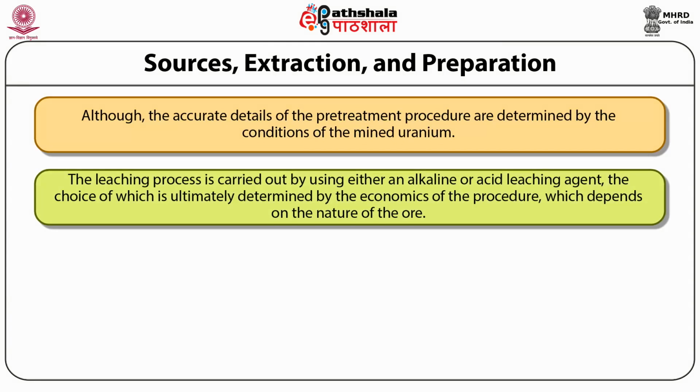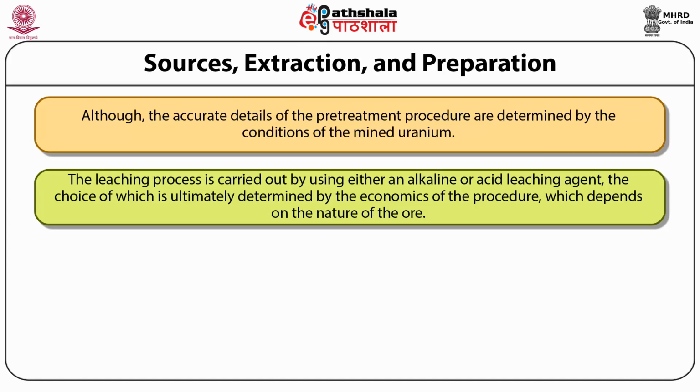The leaching process is carried out using either an alkaline or acid leaching agent, the choice of which is ultimately determined by the economics of the procedure, which depends on the nature of the ore. It is important to note that acid leaching gives higher recovery of metallic uranium than alkaline leaching.